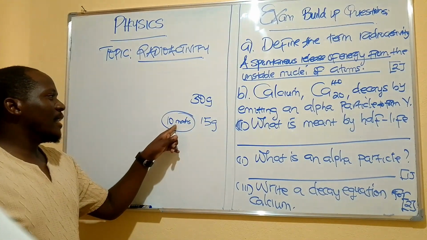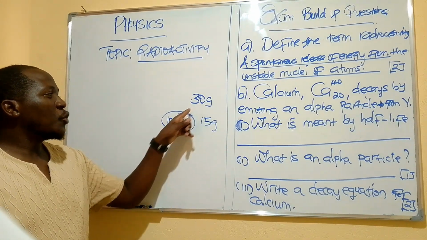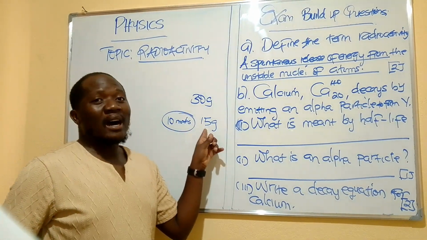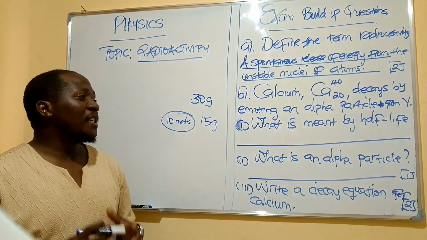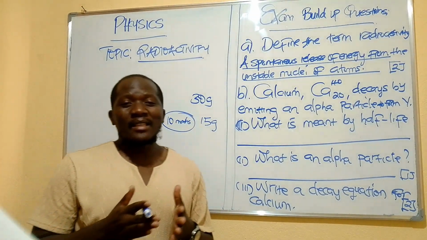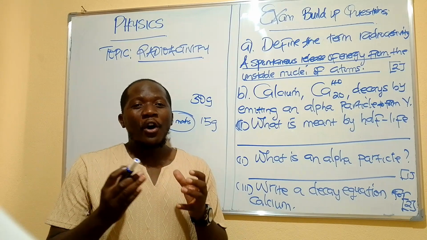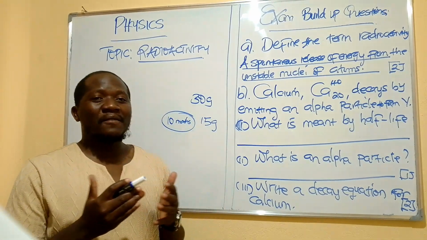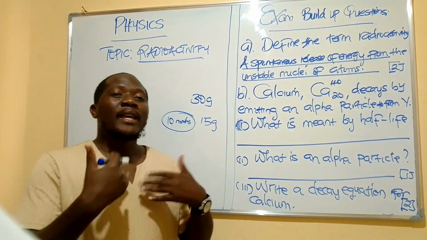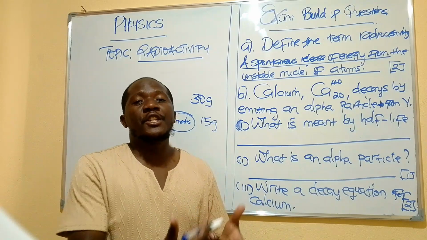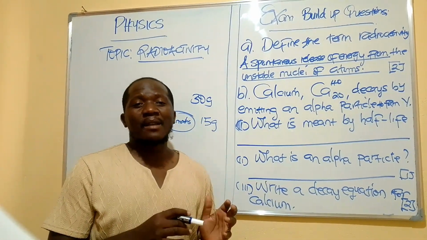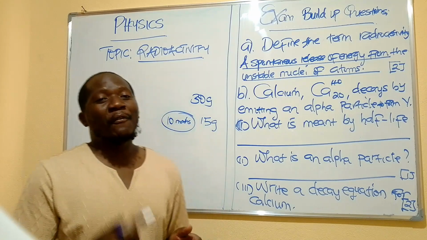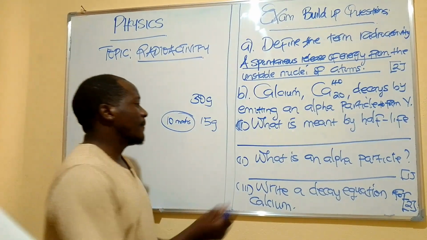So this is the time it has taken to decay to half of the original mass. So half-life is the time taken for the radioactive substance to decay to half of its original mass.